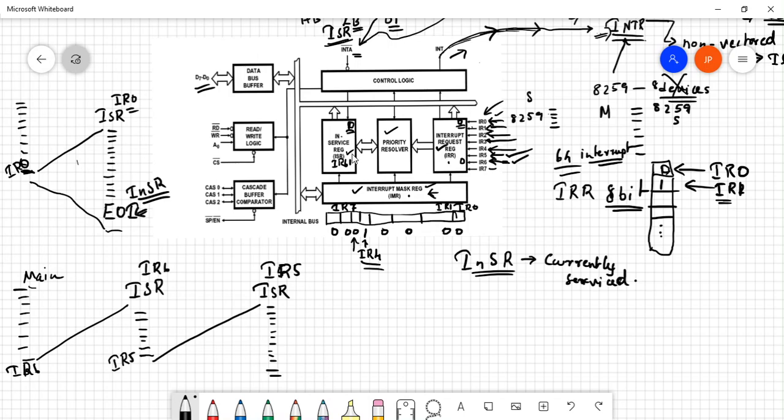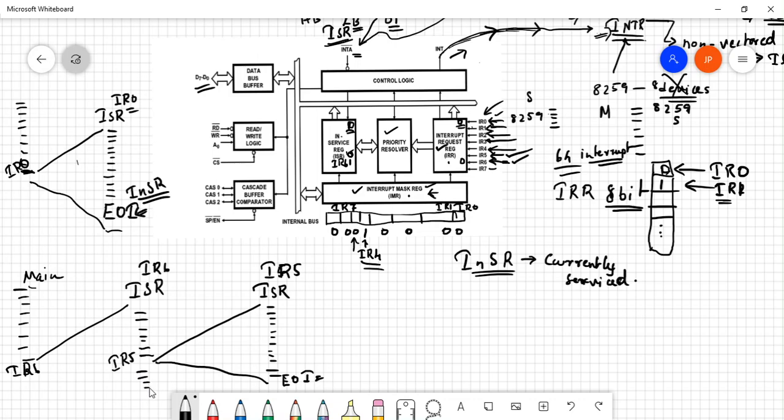So what happens, this also becomes 1, right? The IR5 bit in the in-service register becomes 1. After the EOI instruction, what happens, it will come back to, sorry, IR6, the interrupt service routine of IR6. So once it comes back with the EOI instruction, this 1 which was there in the in-service register becomes again 0.